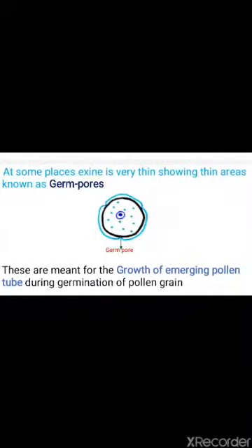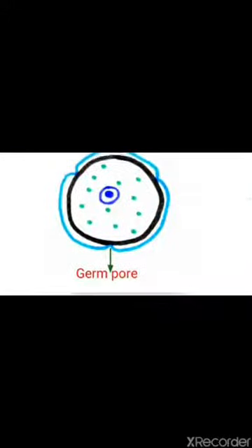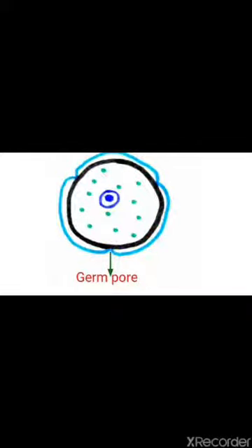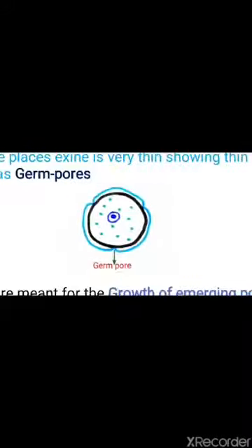If you see, at some places this exine shows very small, very thin areas, and these thin areas are called germ pores. It gets clear through this diagram. So at some places the exine becomes thin, and this thin place is called a germ pore.